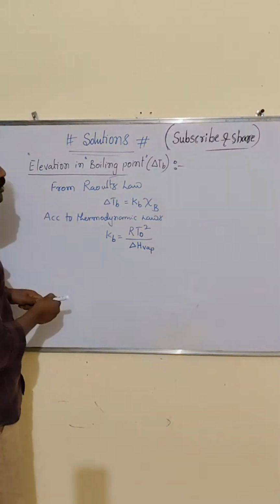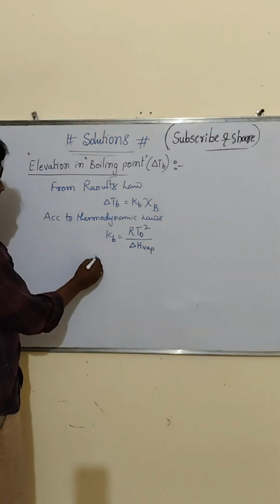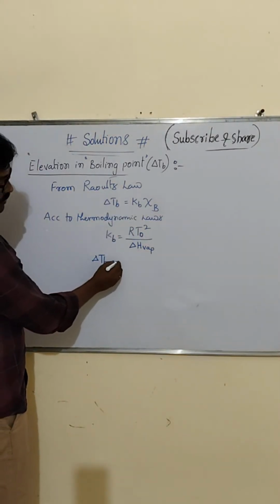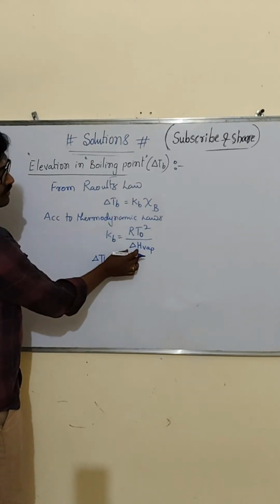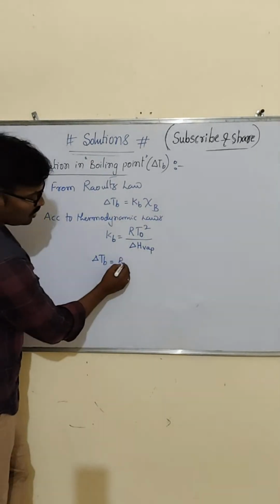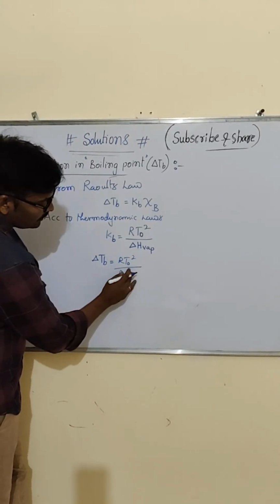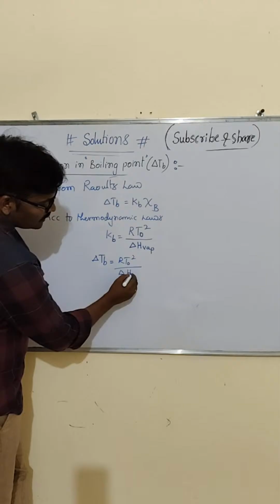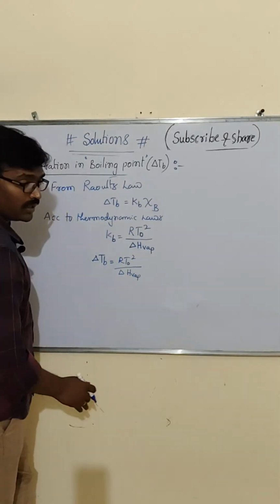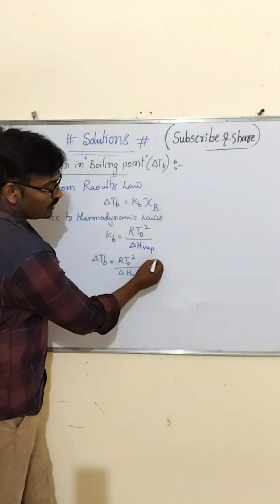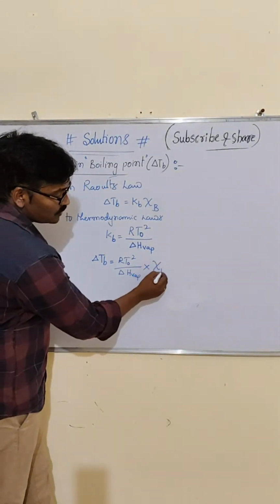So we can substitute the Kb in this case. Then delta Tb equals R into T naught square divided by delta H VAP, the enthalpy of vaporization, into the mole fraction of solute.